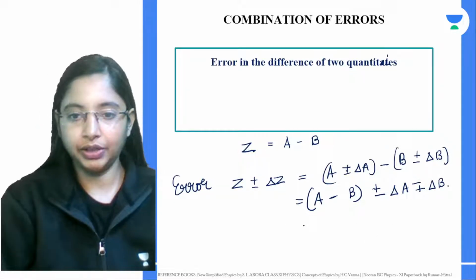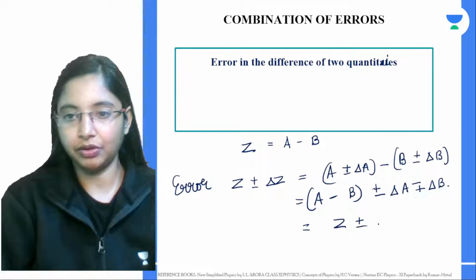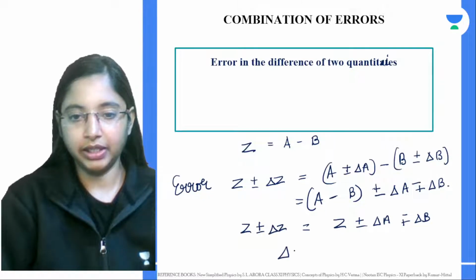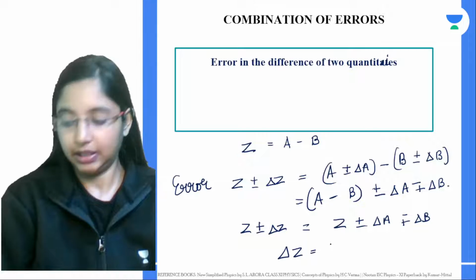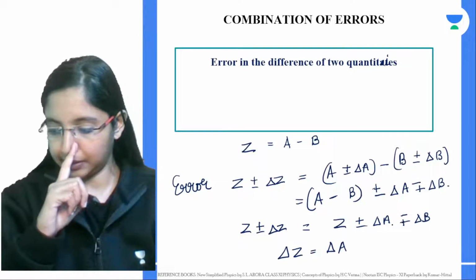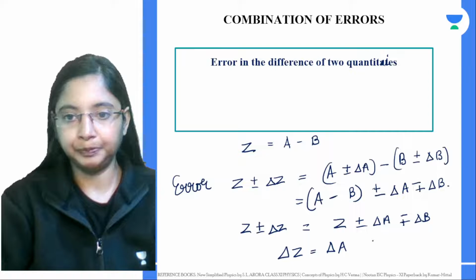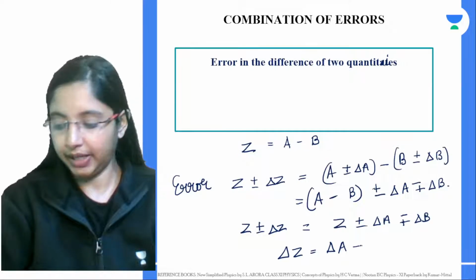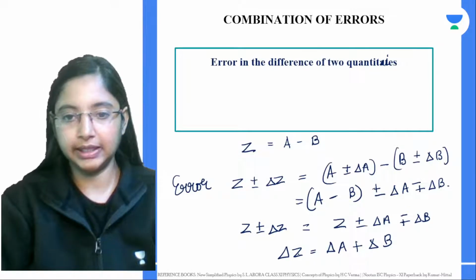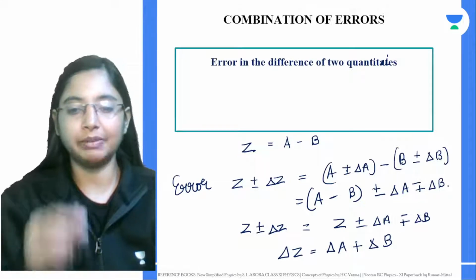So from here you can say this is nothing but Z plus or minus delta A minus or plus delta B. This is equal to Z plus or minus delta Z. From here I can say delta Z is delta A plus delta B. Because we want to see what is the maximum error possible.